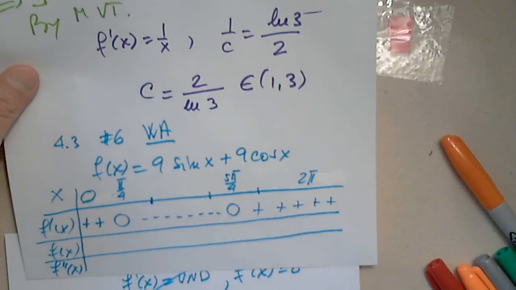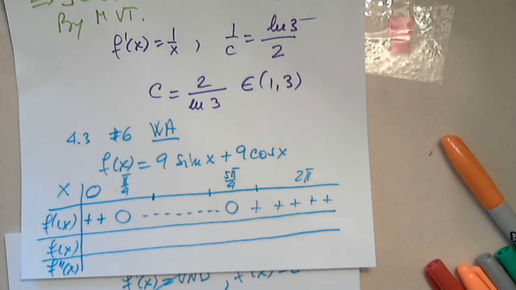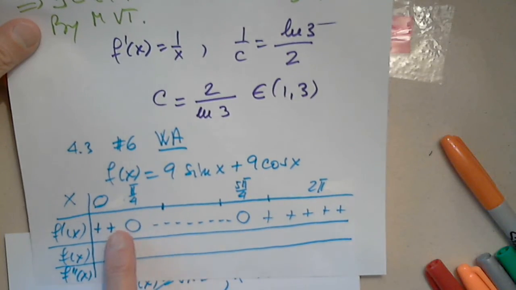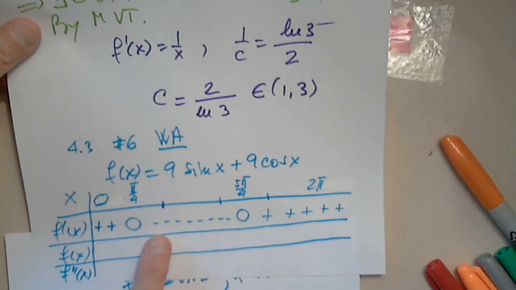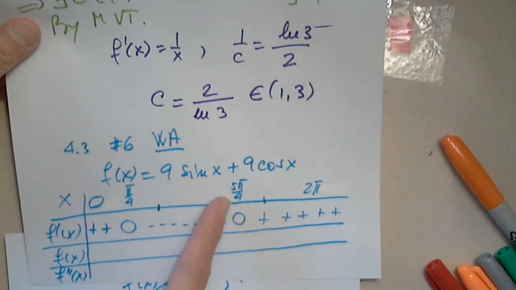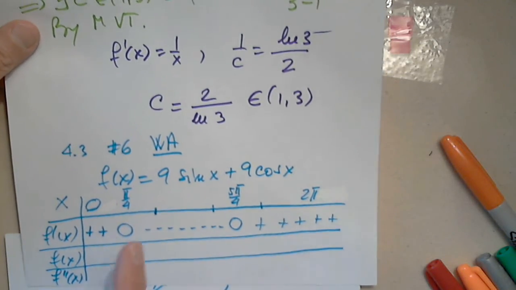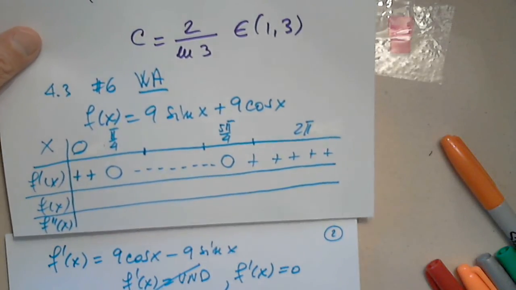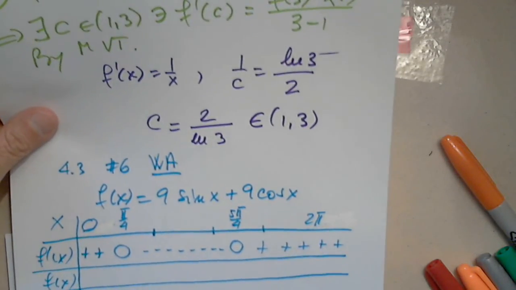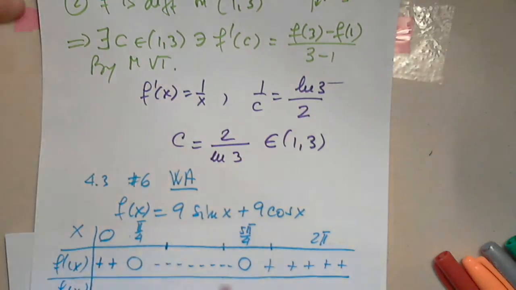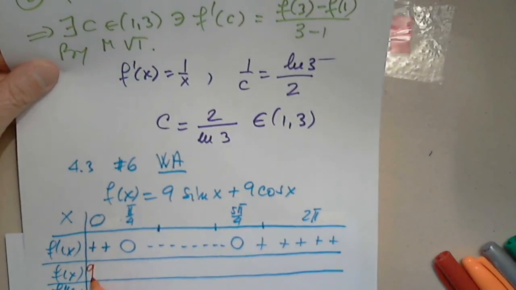So I don't know how they want the answer, but I already know that this is a local max, positive, negative, but I have to find this value, and I have to find this value. So I will also find a 0. So for 0 it is 9.